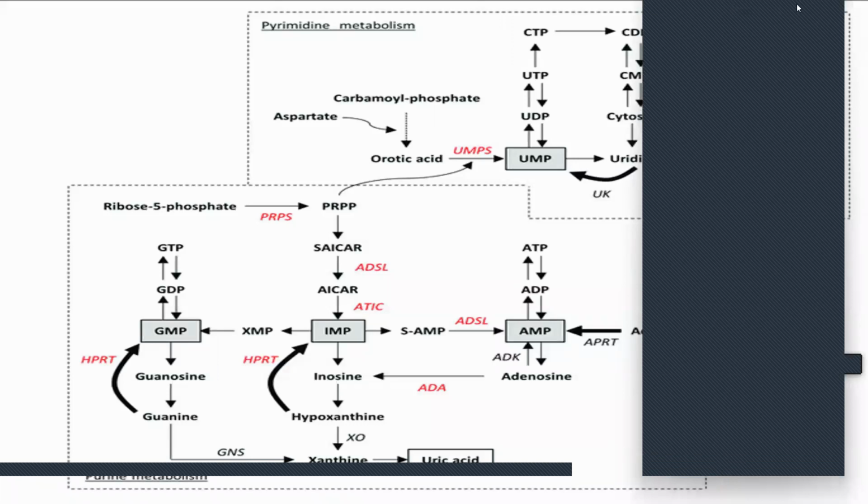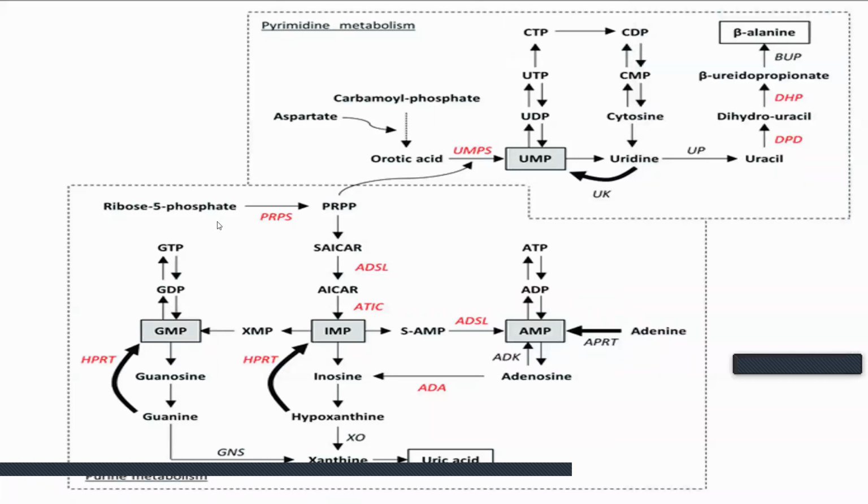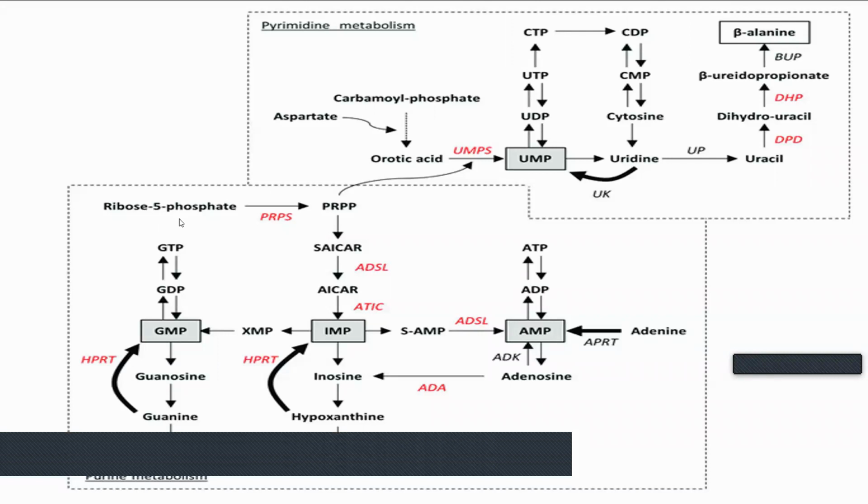Okay. Yes, good. So ribose 5 phosphate was the first substrate in purine synthesis, right? Then from ribose 5 phosphate, if you remember, we got phosphoribosyl pyrophosphate. Now this phosphoribosyl pyrophosphate is required in the second step of pyrimidine synthesis. You see this arrow, it is going here to help this reaction.